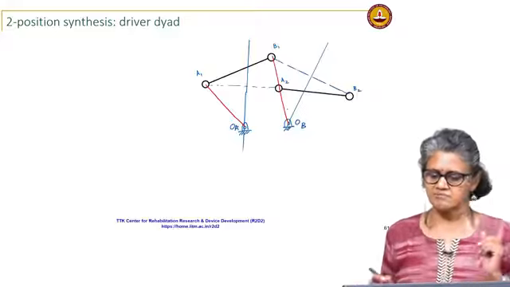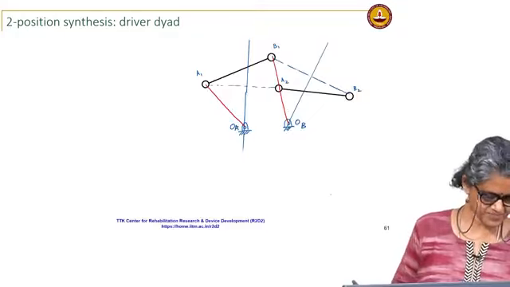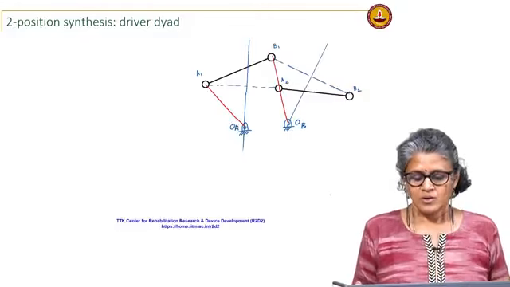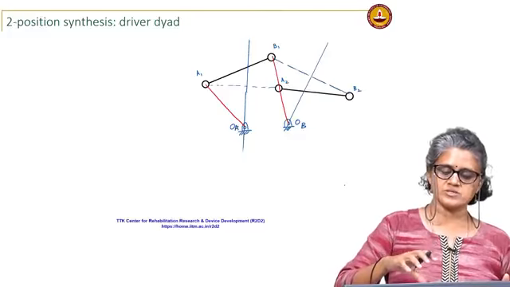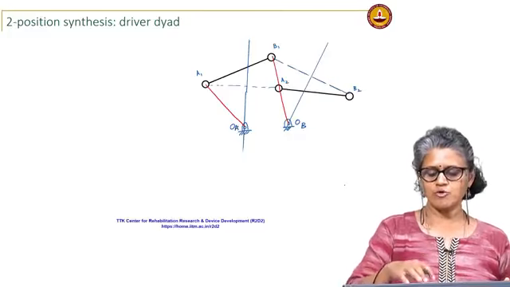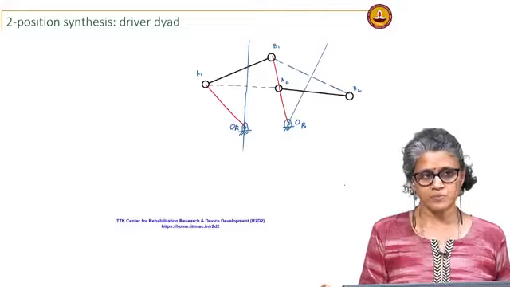Ignore the fact that it passes through A2 here for some reason. Okay, so this becomes my linkage. So, I can move it, it will move from A1 B1 to A2 B2.